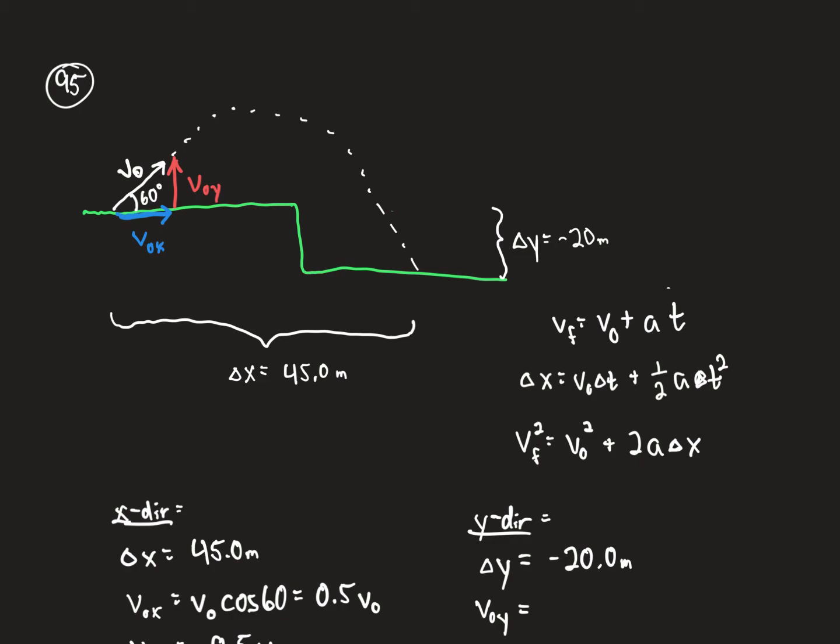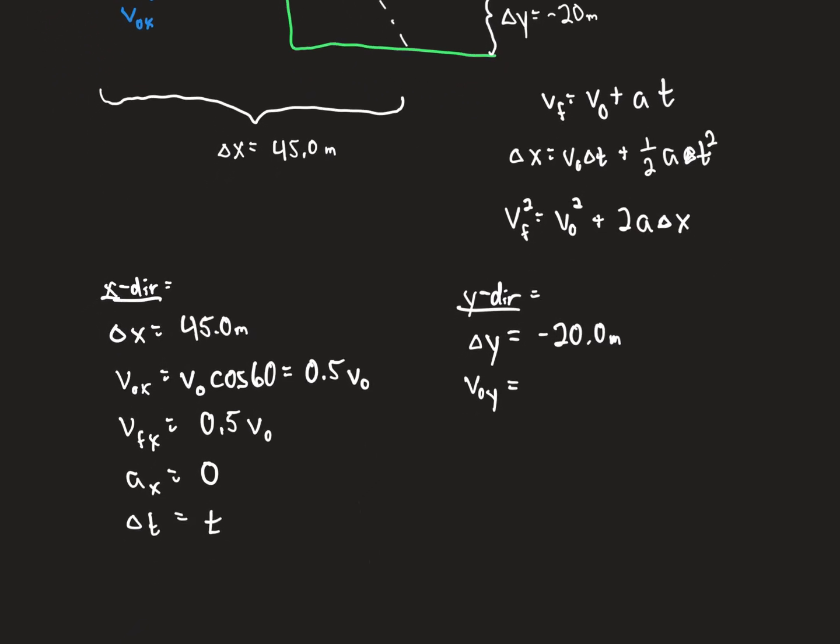Not 0, because he is moving in the y direction. It's going to be the sine of the angle. So V initial times sine of 60. Plug in sine of 60, and you should get about 0.87. So V initial y is 0.87 times V naught.